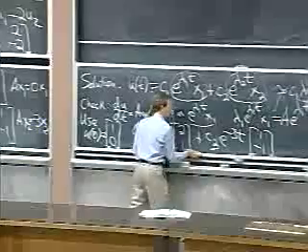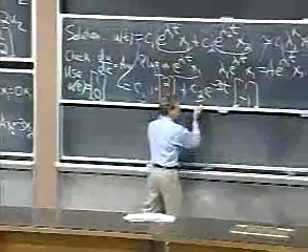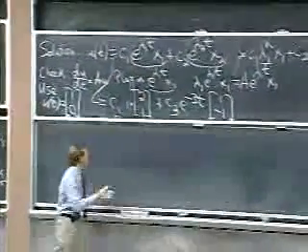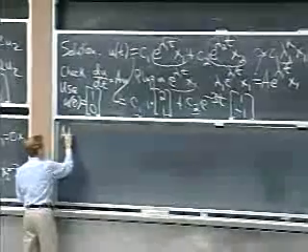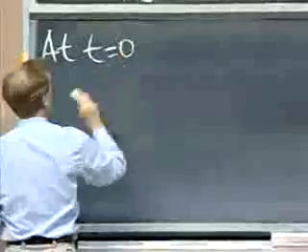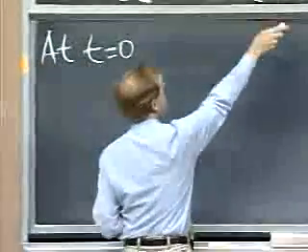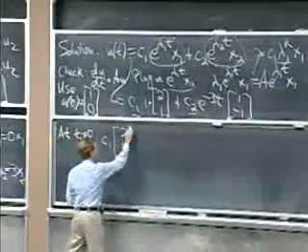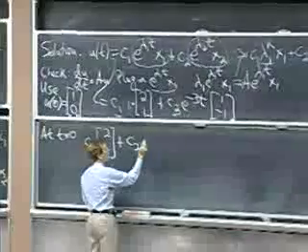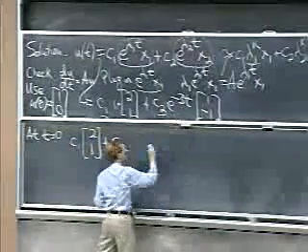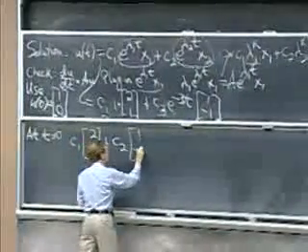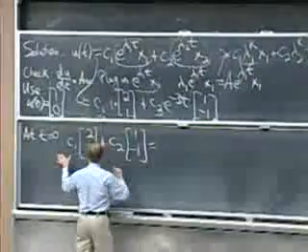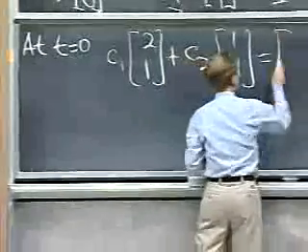So let me do that on the board underneath. At t equals 0 then, I get C1 times this guy plus C2, and now I'm at time 0, so that's a 1, and this is 1, minus 1. And that's supposed to agree with u of 0, 1, 0.